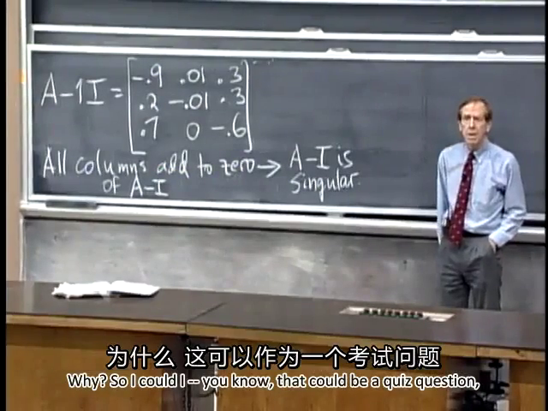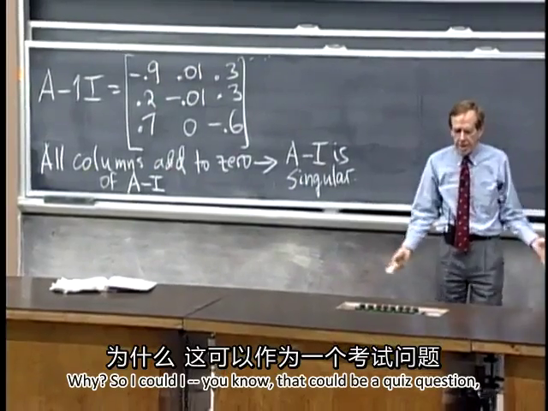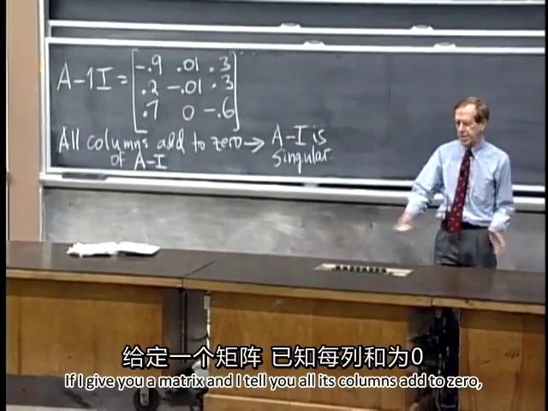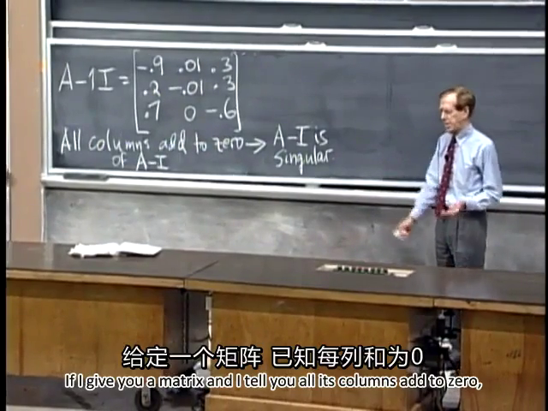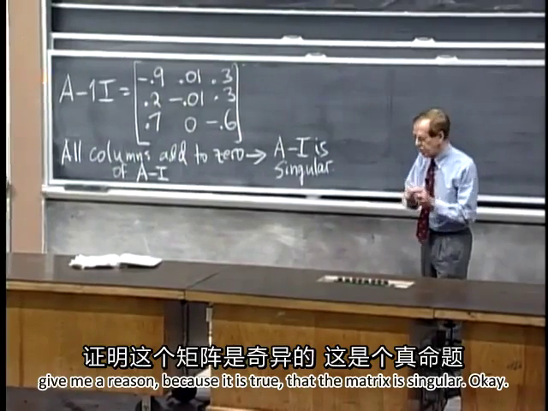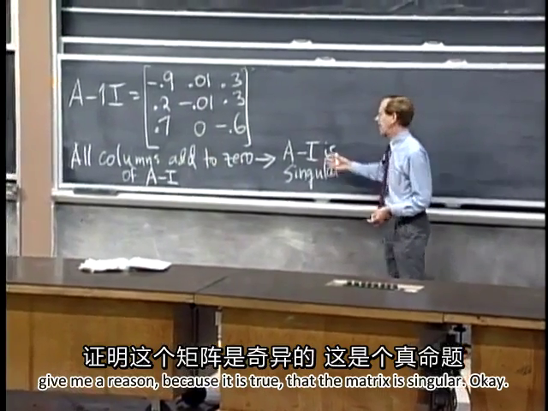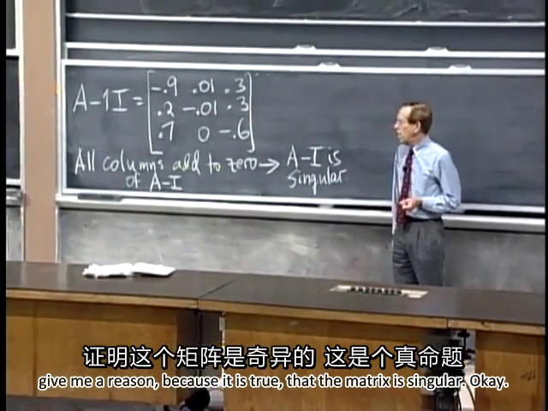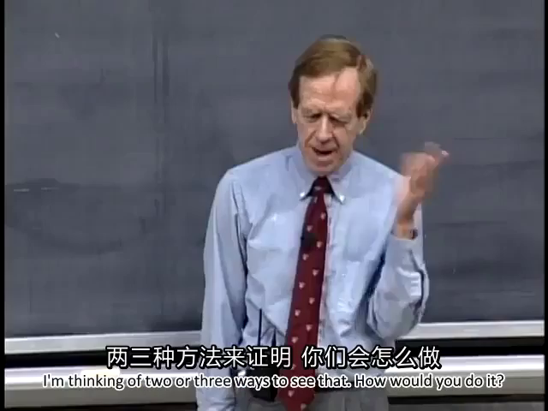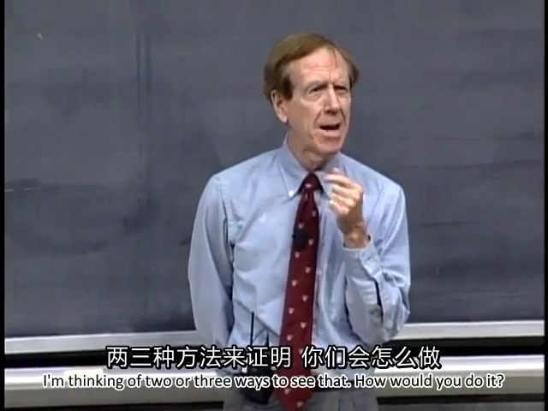Why? So that could be a quiz question, a sort of theoretical quiz question. If I give you a matrix and I tell you all its columns add to 0, give me a reason, because it is true, that the matrix is singular. Okay, I guess actually now I'm thinking of 2 or 3 ways to see that.